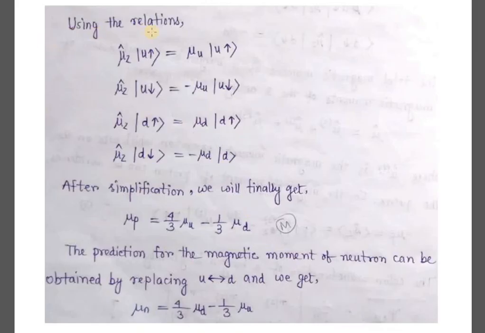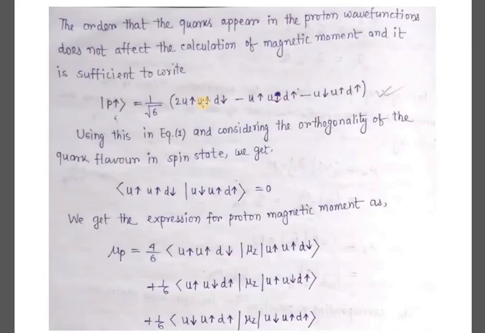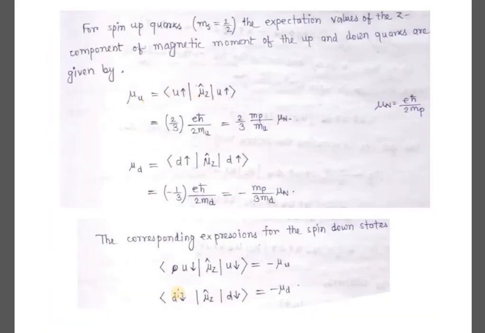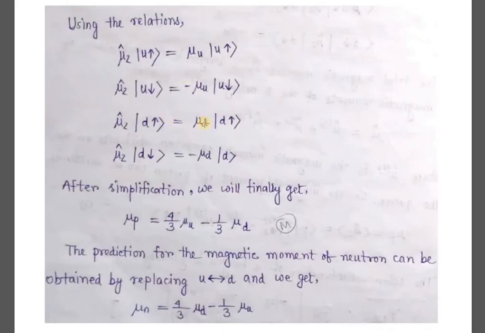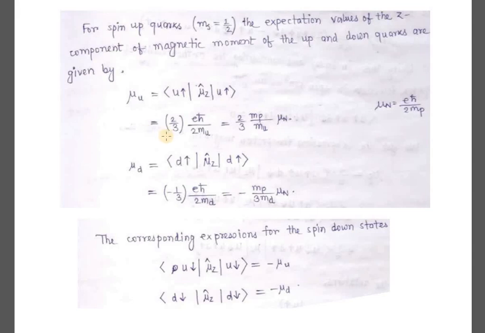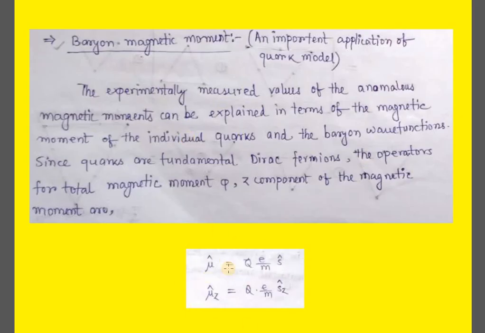Now we will use these relations which we have obtained previously, and these 4 relations, you remember, these are the ones here which we have obtained, and if we use these 4 relations, then here, yes, and also the one before here.